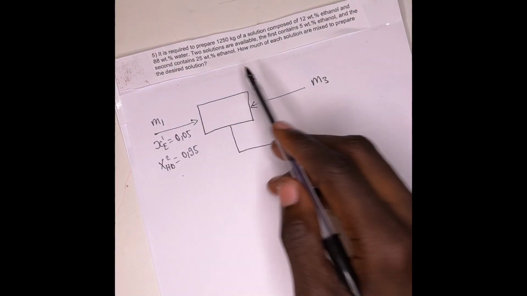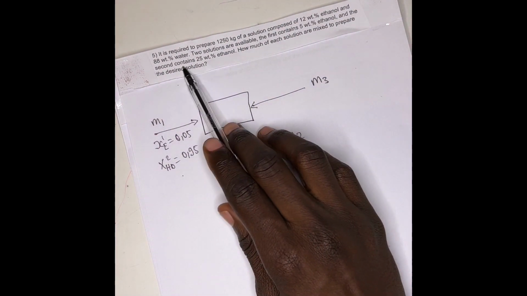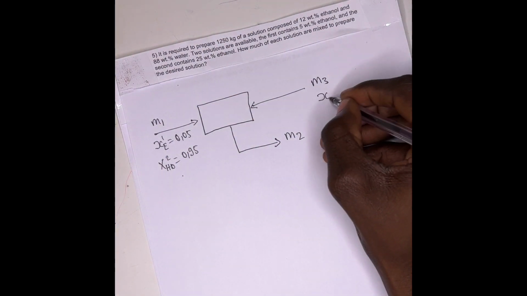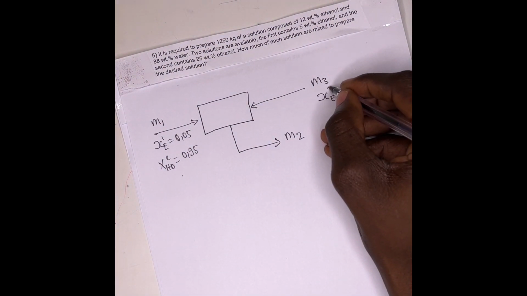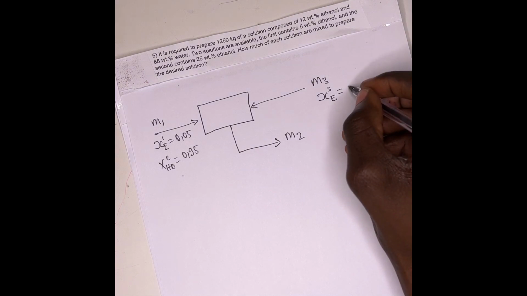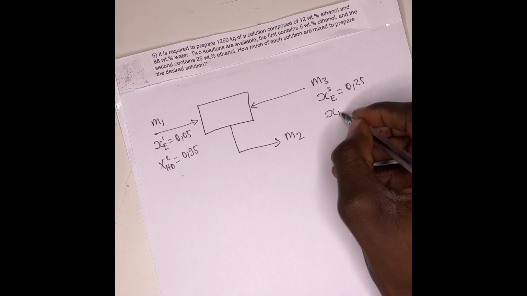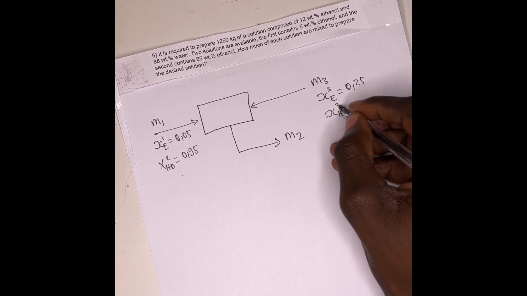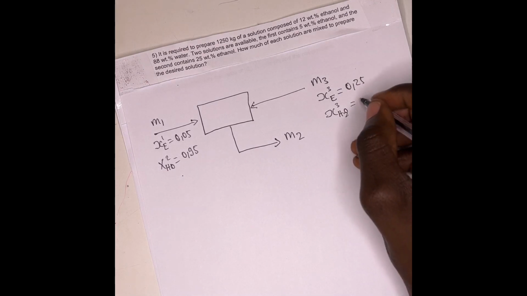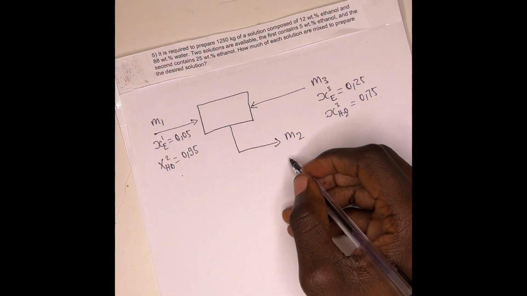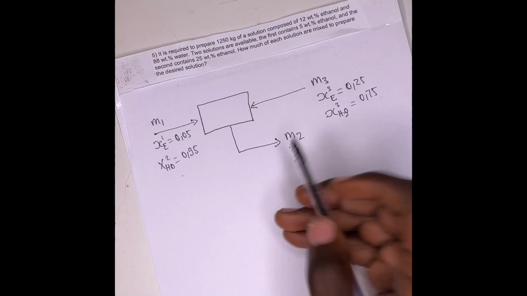And then here the question says again 25%, the second one, 25%. So we're going to have X of A of stream 3, which is 25%. 25% is 0.25, and then the rest, guys, is what? Is water. This is how you have to start thinking. The rest is water, you take 1 minus 0.25, which is 0.75. And then this one, the solution.